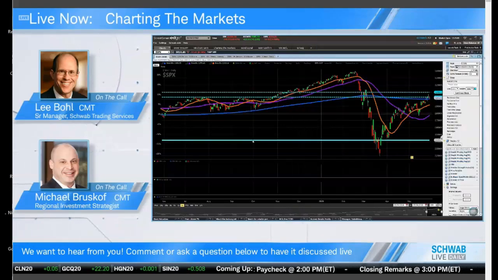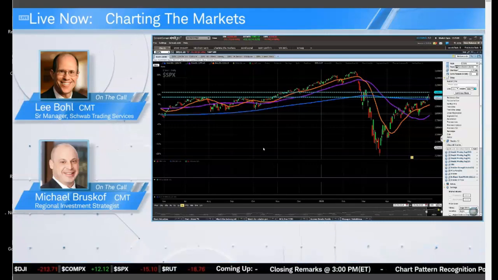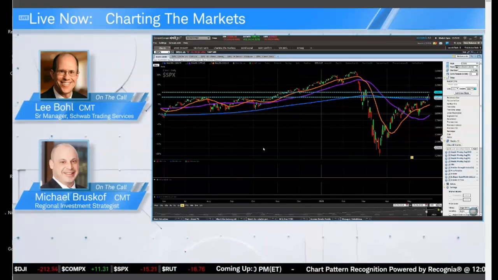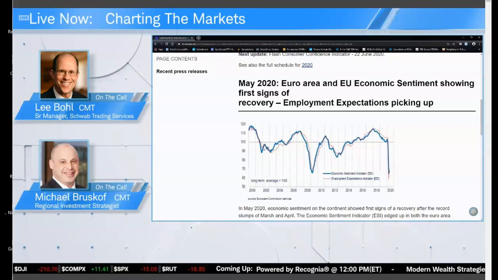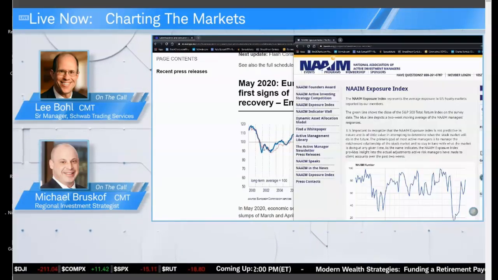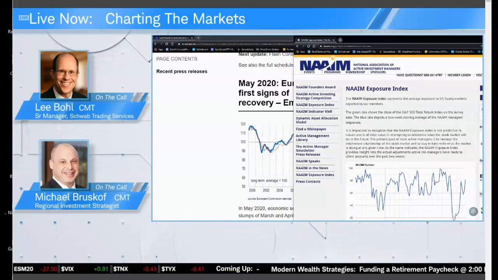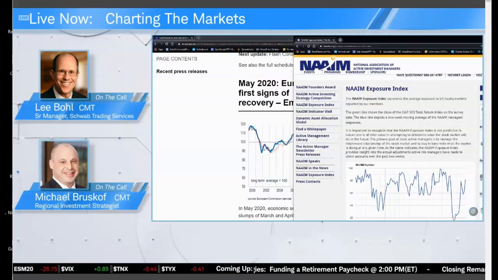Interesting question we just got on that. It says, is this a rear view mirror? That was one of the questions we just got on the chart that we were showing. I would think that's more of a leading indicator rather than a lagging one. It's showing, based on the survey, what is your equity exposure.